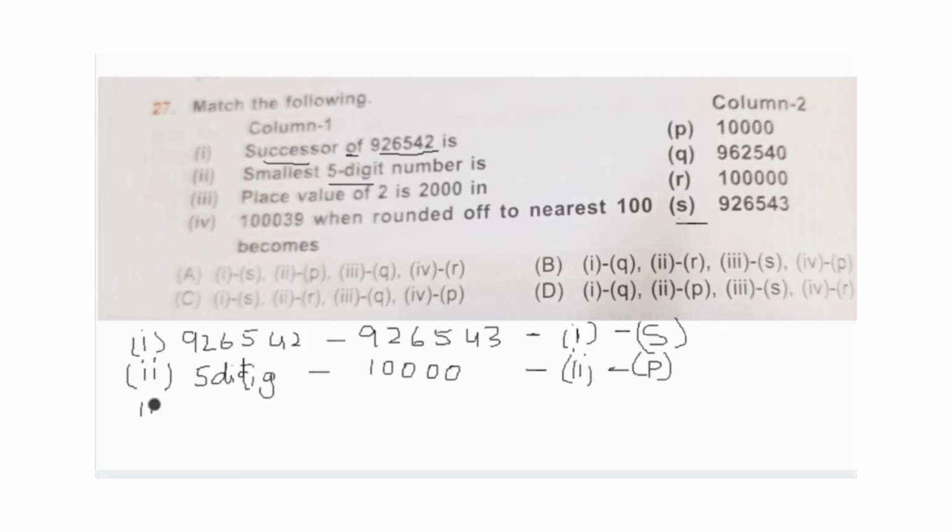Option 3 here is place value of 2 is 2000 in.